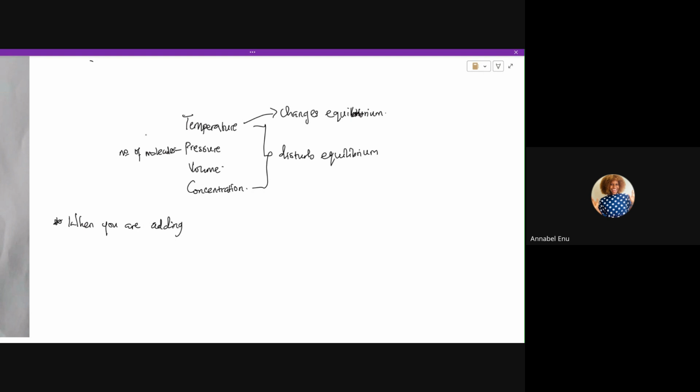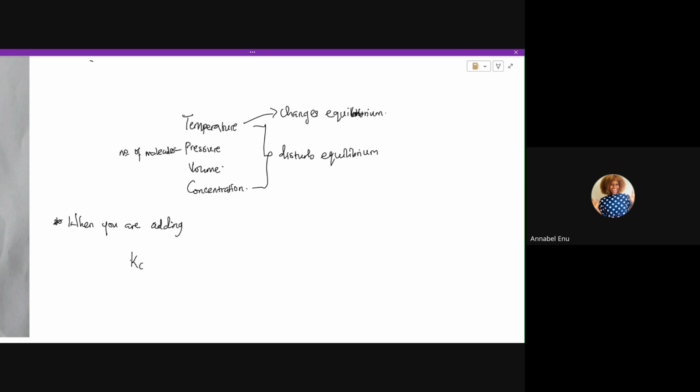So when we talk about equilibrium constant, it is written symbolically like this. It is a numerical value that expresses the ratio of product concentration to reactant concentration.